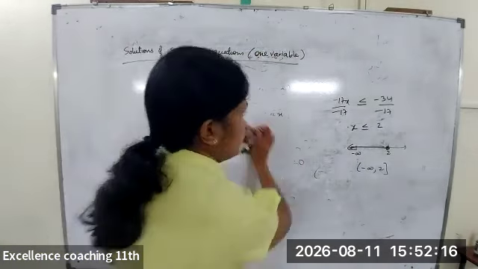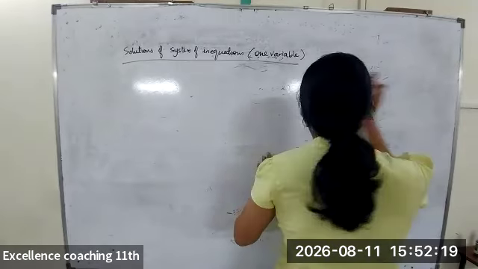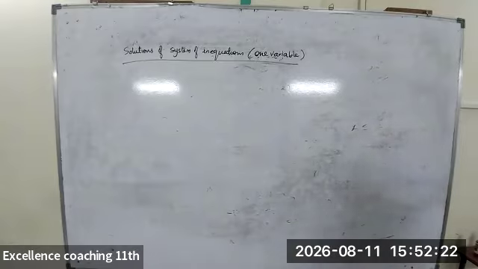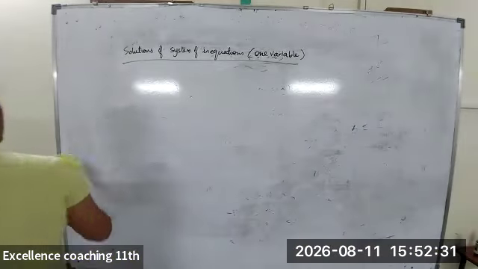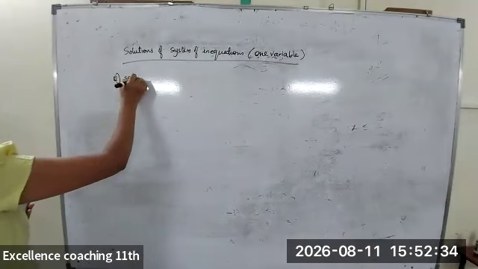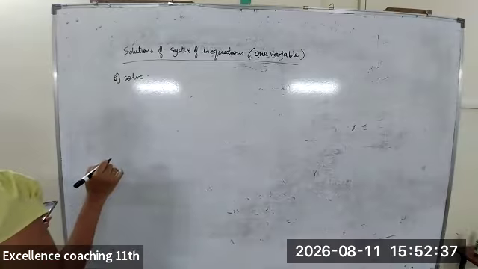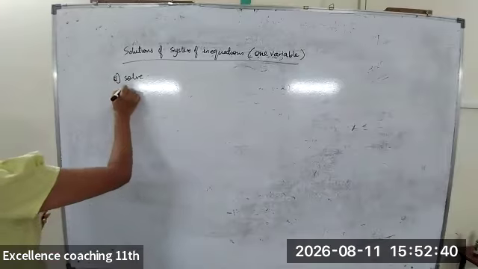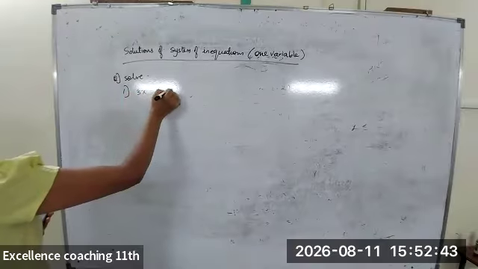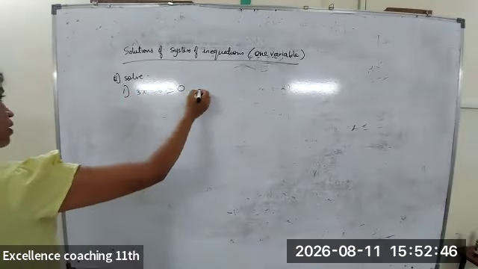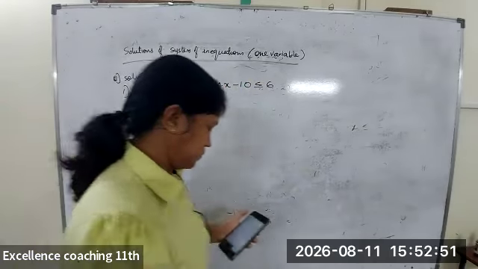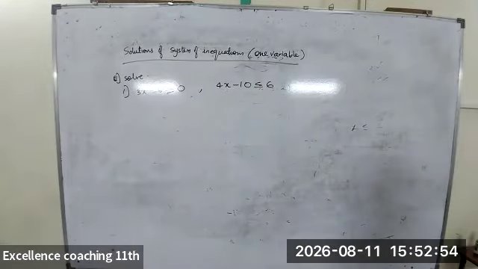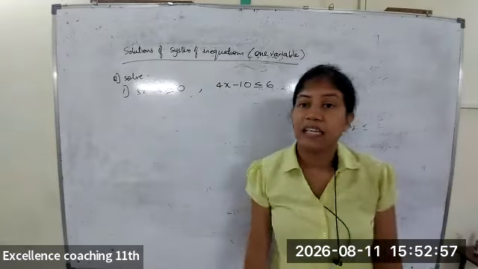It means two inequalities will be given to you instead of one. Now two inequalities are given in the same question. So we have to find two solutions and then find a common solution.